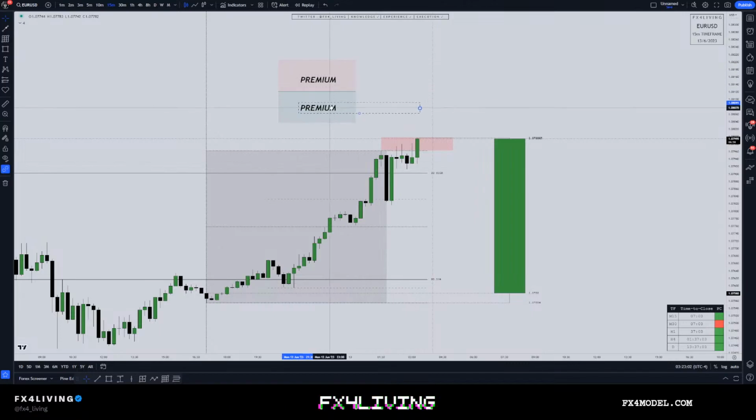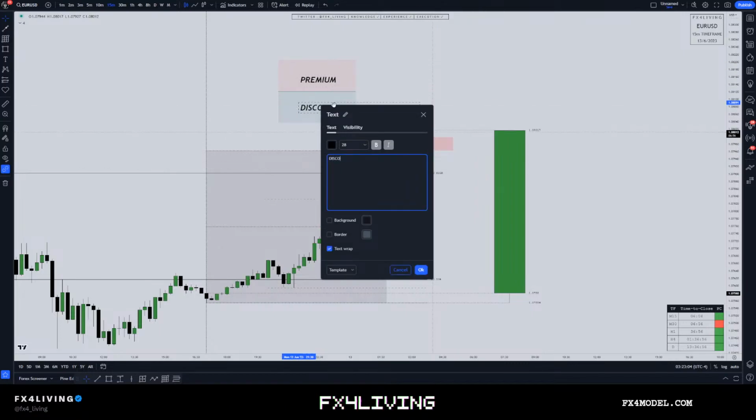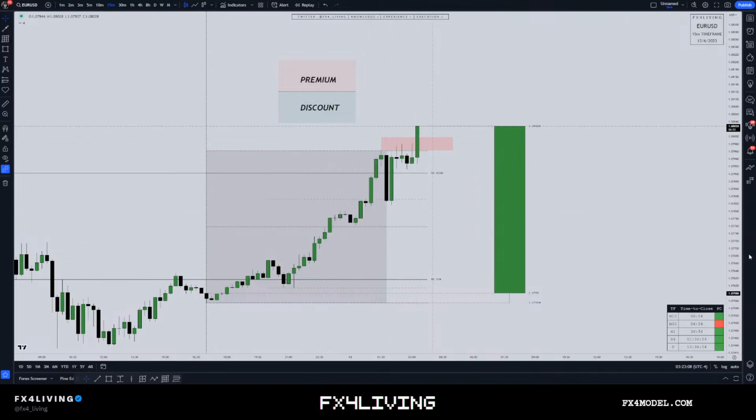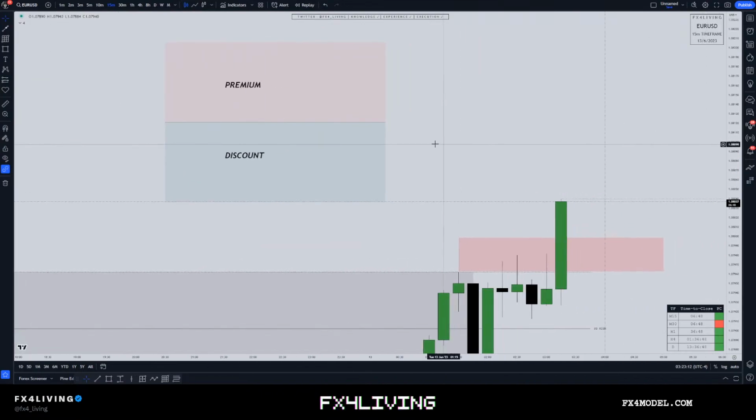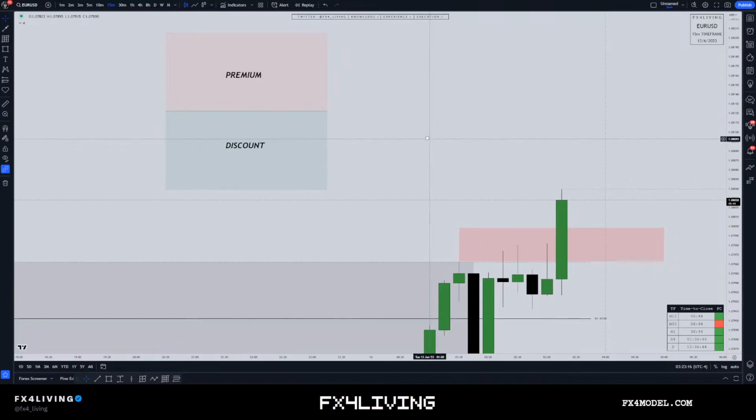Maybe I can zoom that a little bit more, because I guess some people are on their cell phone. This is your premium price, so you don't wanna buy in this area, you wanna sell in this area, right?